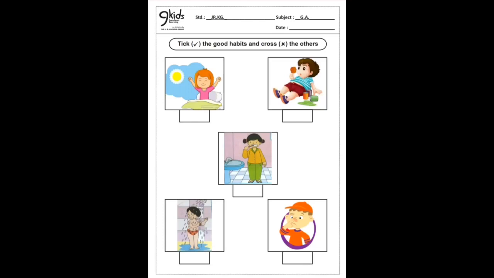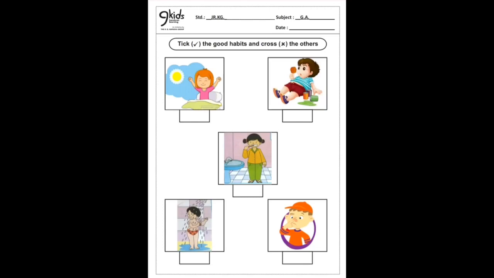Now, the fourth picture is of a boy taking a bath. Now, who is going to tell me, is this a good habit or bad habit? Yes, you are right. It is a good habit. So, we will put a tick mark in the given box.